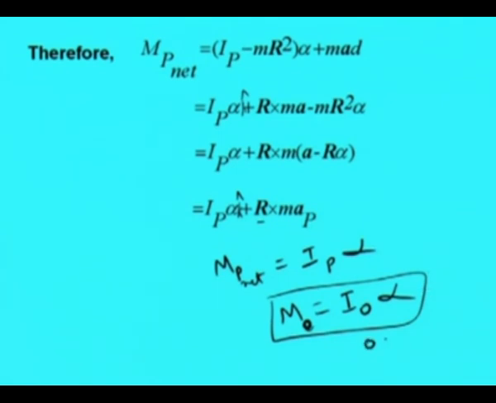O is the mass center, O is same as G, then it is valid. O is a fixed point, or O has an acceleration which is in the direction of the mass center. If that point has acceleration towards the mass center, then also this equation is valid.